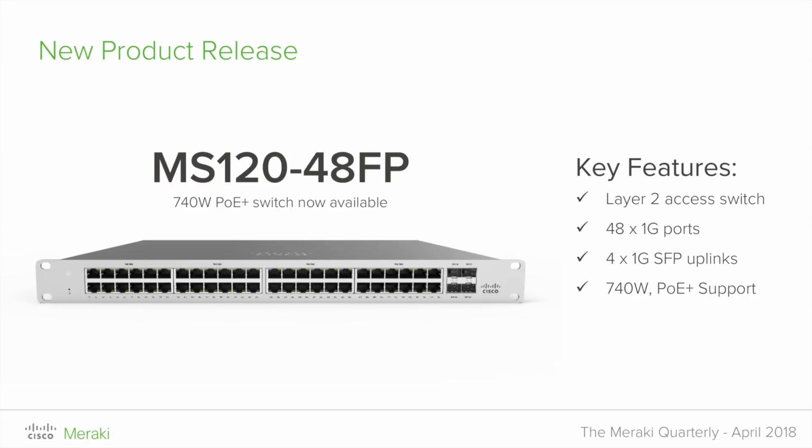So key features on the MS120, general layer 2 access switch with 48 1 gig copper ports, as well as 4 1 gig SFP uplinks. Again, 740 watts for that full power switch with full PoE plus support.